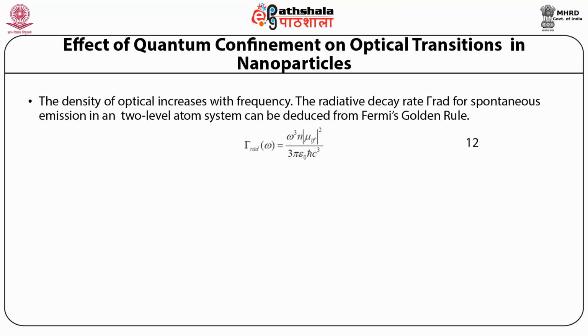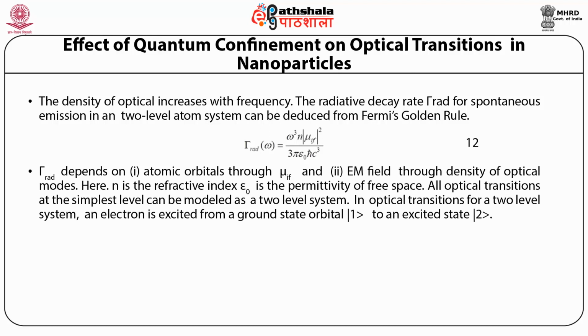So the radiative decay rate, gamma radiation, for spontaneous emission in a two-level atom system can be deduced from Fermi's golden rule, that is, gamma radiation as a function of omega equals omega cubed multiplied by n multiplied by the modulus square of mu_if, divided by 3 pi epsilon naught h-bar c cubed.